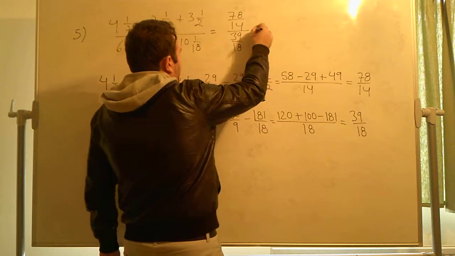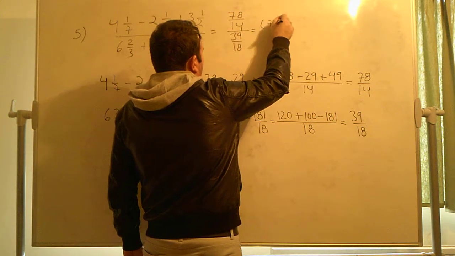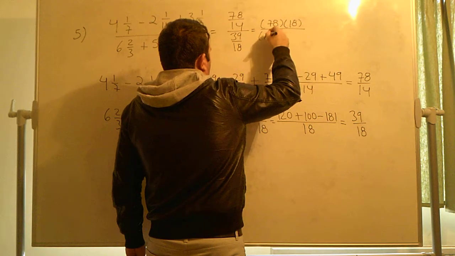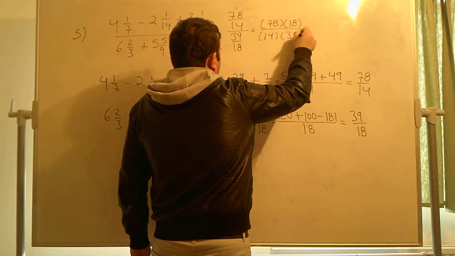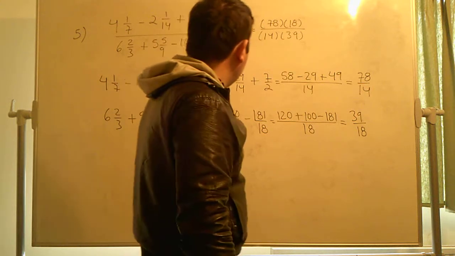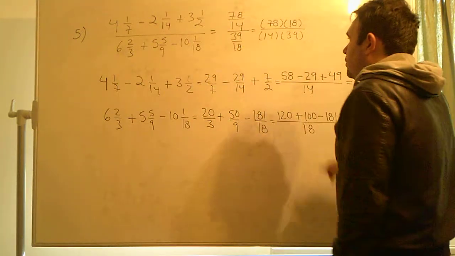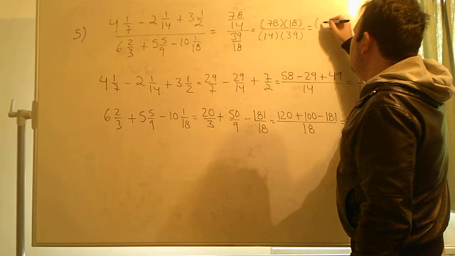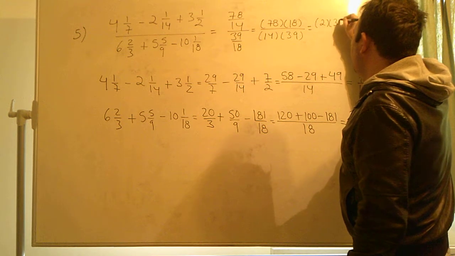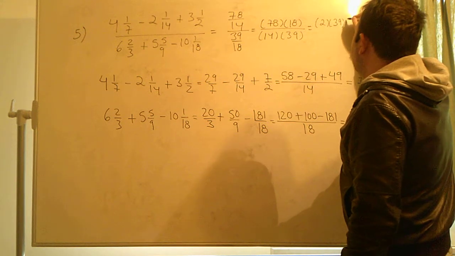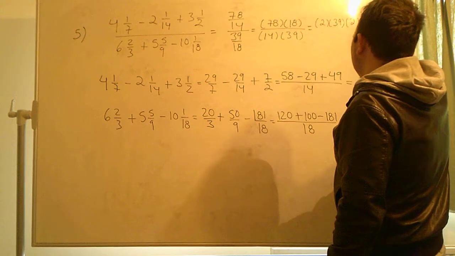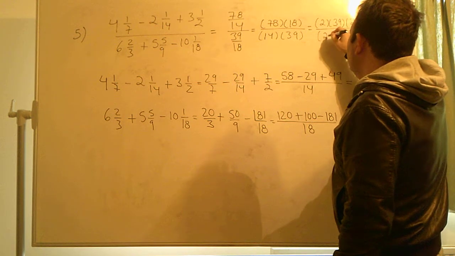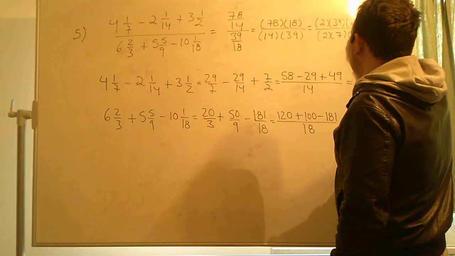So now we multiply the extremes, and then this will be 78 times 18 divided by 14 times 39. 78 is 2 times 39, and then 18 would be 2 times 9, and then 14 would be 2 times 7, and this would be 39.